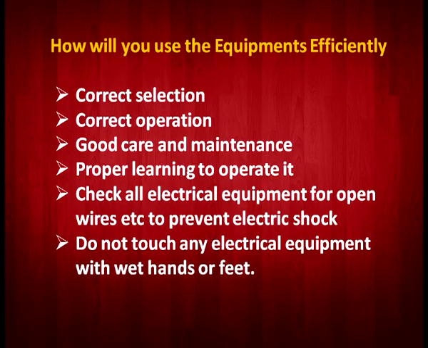The correct selection you have already told us. Yes. Then correct operation. We must know how to operate. For example, this is one instrument. I have to hold it, I have to plug it. But I do not know this is detachable. This is detachable.